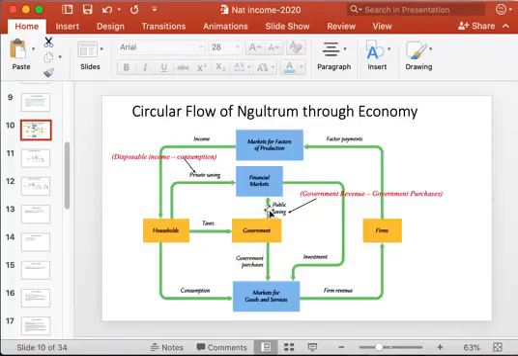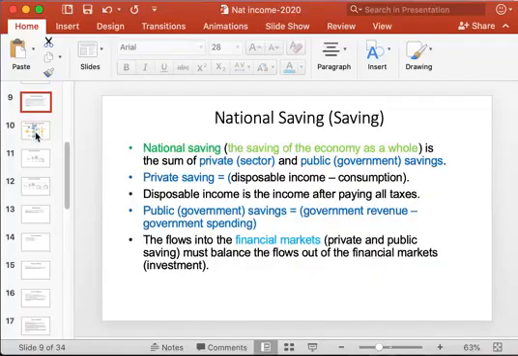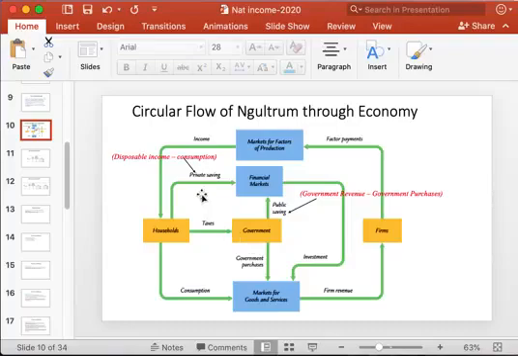So this is how the national saving works. So the savings, private savings plus the public savings here.